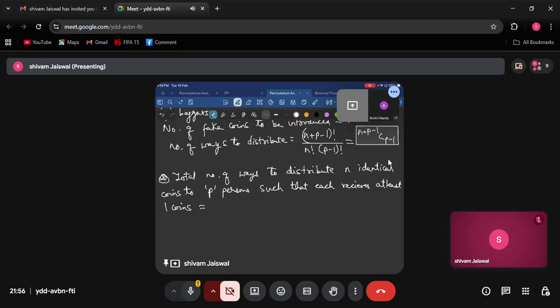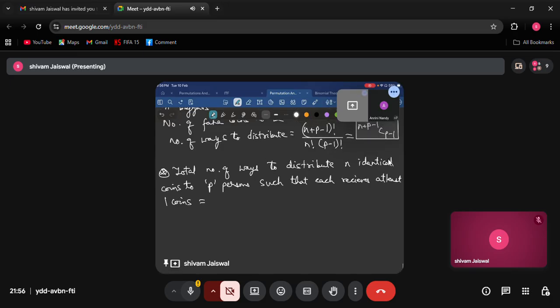So at first only what you do is, you give 1 coin to all the beggars. At first only you distribute one coin to all the beggars. So how many coins have you already distributed? Tell me.